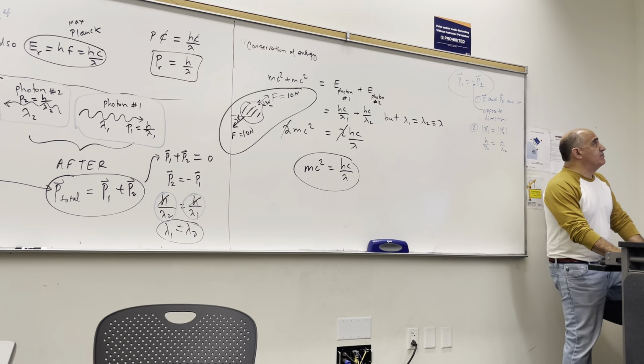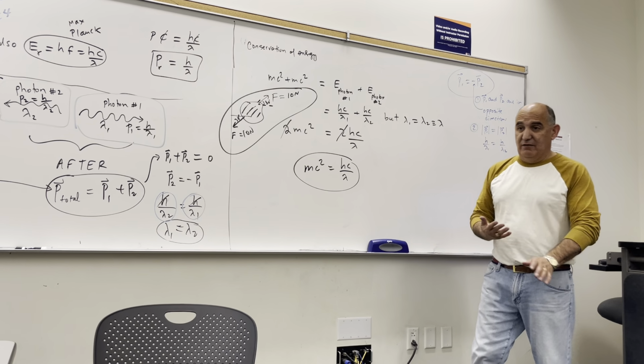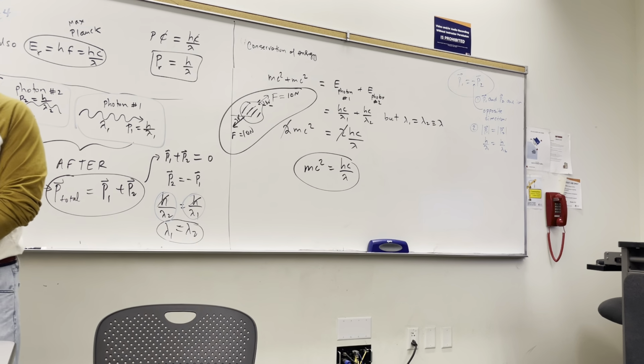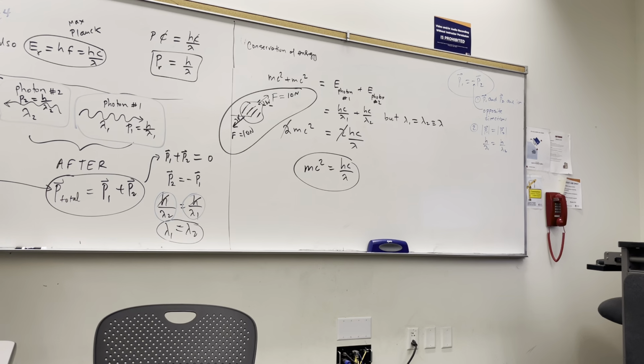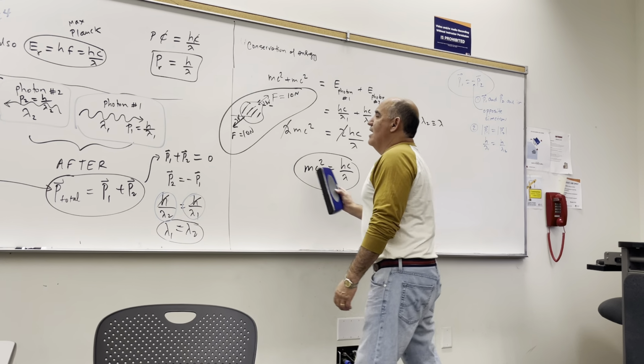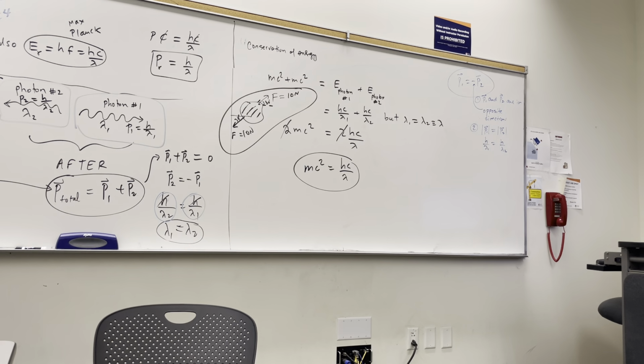Now, I wanted to say something about the Doppler effect for light, for electromagnetic waves. You learned about the Doppler effect for sound in Phys 185. And in Phys 185, you talk about sound waves. And then over there, you are concerned with the speed of the source of the sound. You're concerned with the speed of the sound itself, and also the speed of the listener of the sound.